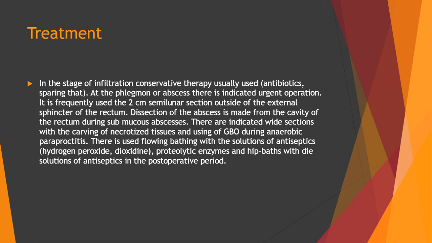There are indicated wide sections with the carving of necrotized tissues and using of hyperbaric oxygenation during anaerobic paraproctitis. There is used fluent bathing with the solution of antiseptics, hydrogen peroxide, dioxidine, proteolytic enzymes, and hip bath with dye solutions of antiseptics in postoperative period.